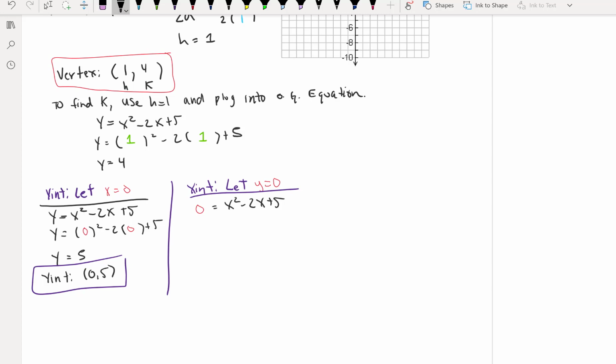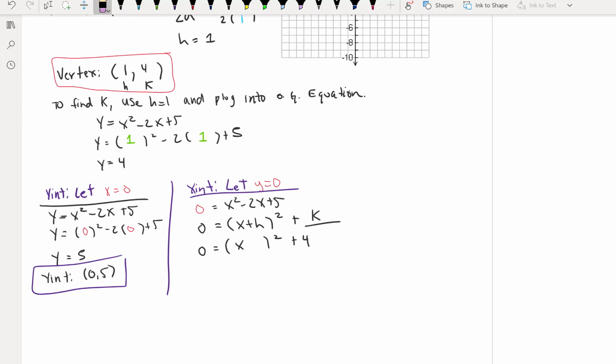So for my vertex form, I'm going to have that 0 is equal to something squared plus something, where this is x plus my h, plus my k. And I already have my h and k value. So this is going to be x plus 1 squared plus 4.